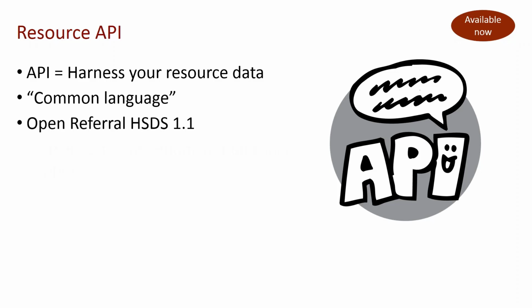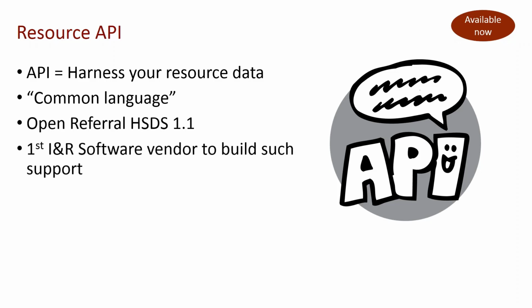So we really want to support those common languages wherever we can, because we know it makes it even easier for you to participate in these sharing projects together when you have a more open format for being able to read that data. We were the first I&R software to build that kind of support in for open referral.